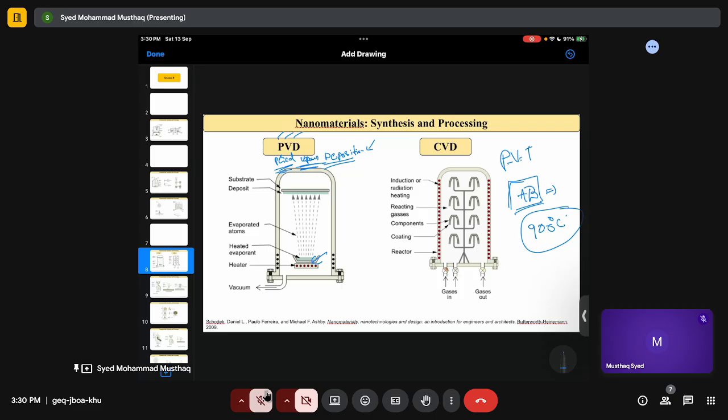What will you do? You take the vapors of A and B. A might have a boiling point of 200, B might have like 600. So you form the vapors and then you purge them into a reactor such that they react and they form AB.